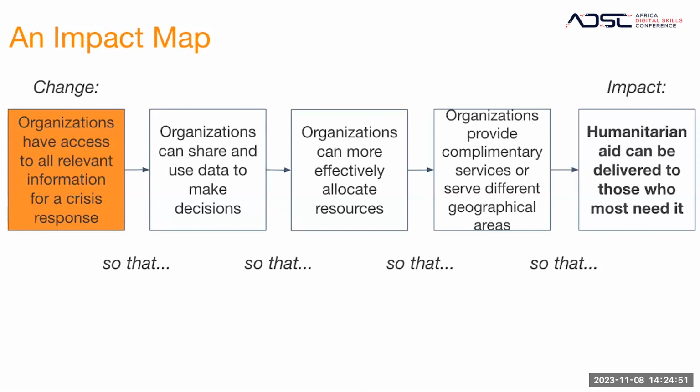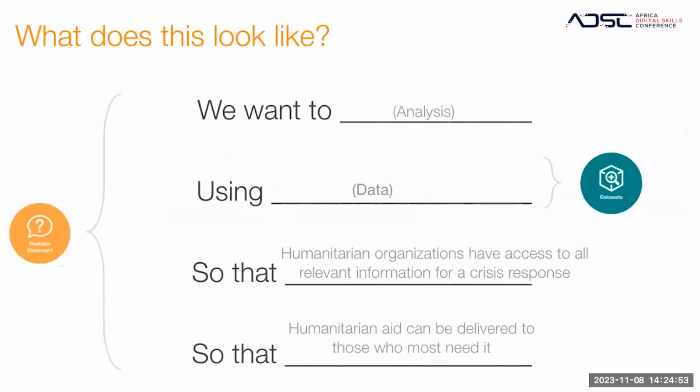And that's what goes into the problem statement as the behavior change. So bringing it back to our problem statement, we see that humanitarian organizations have access to all the relevant information for a crisis response so that humanitarian aid can be delivered to those who need it the most.